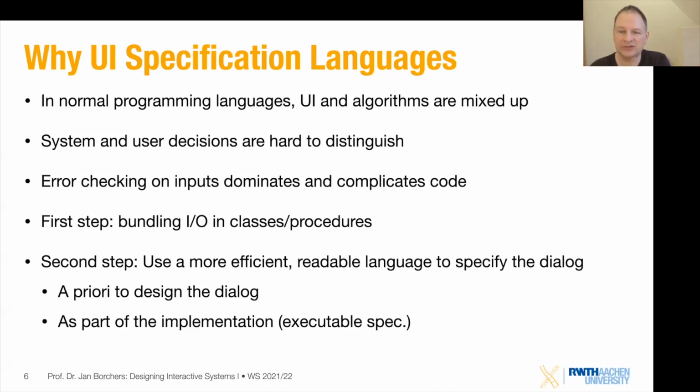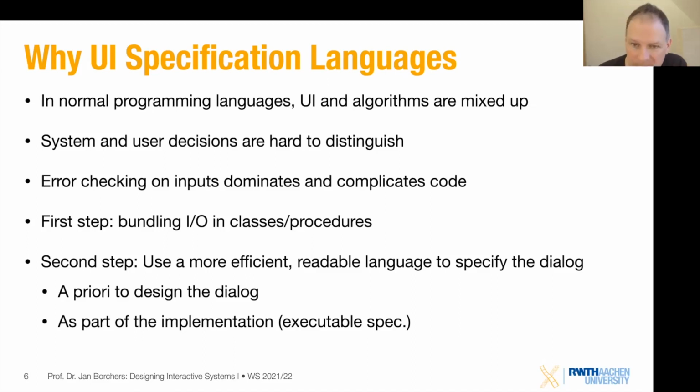That's the second step. This means that you are in the lucky case that you can actually execute your specification and turn it into code. But this is still quite different from writing your specification of the interface in code, right?